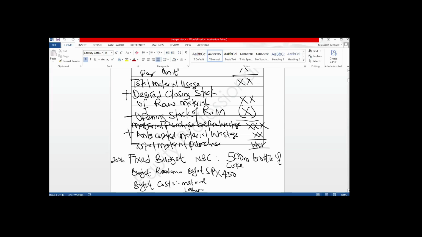There is the possibility of errors in your estimates. There is the possibility that assumptions can change. For this reason, we now prepare flexible budgets.